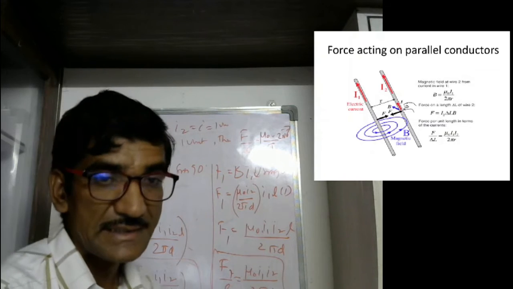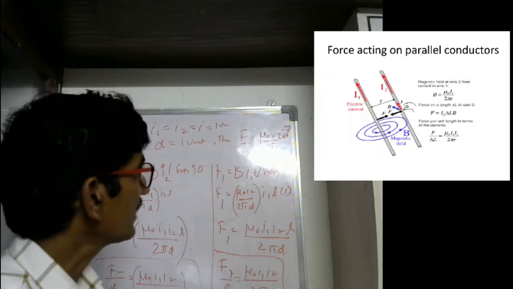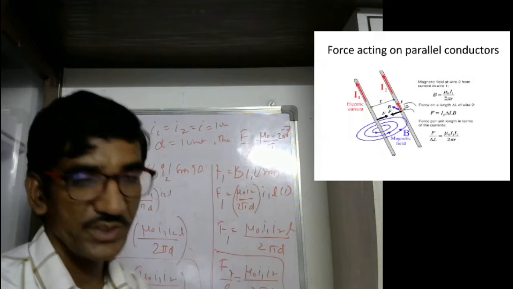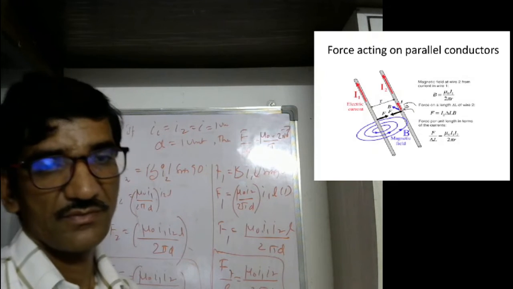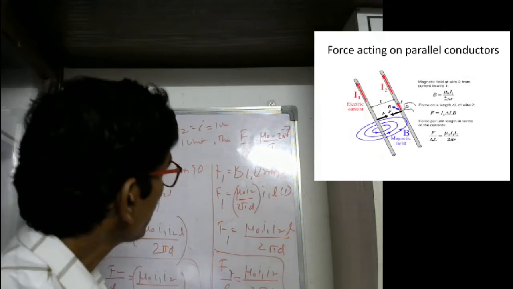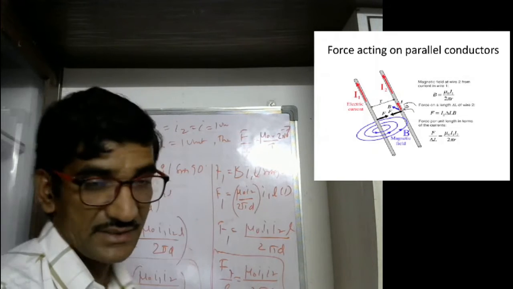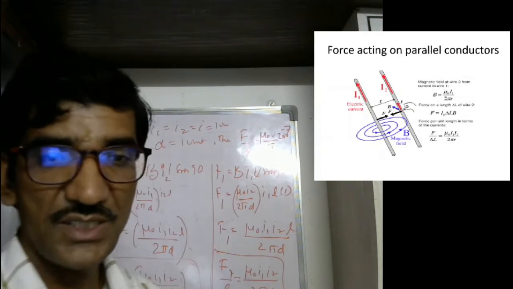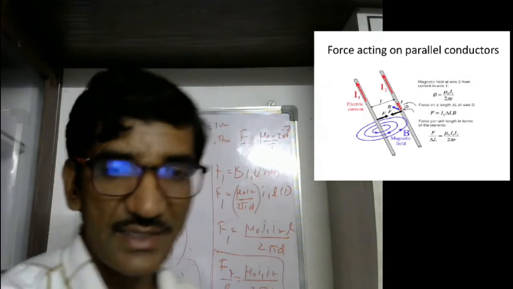So how much current? 1 unit of current here is responsible for the mutual force of 2 into 10 to the power of minus 7 newtons. Then that quantity of current which is responsible for this much mutual force is known as 1 ampere of current.